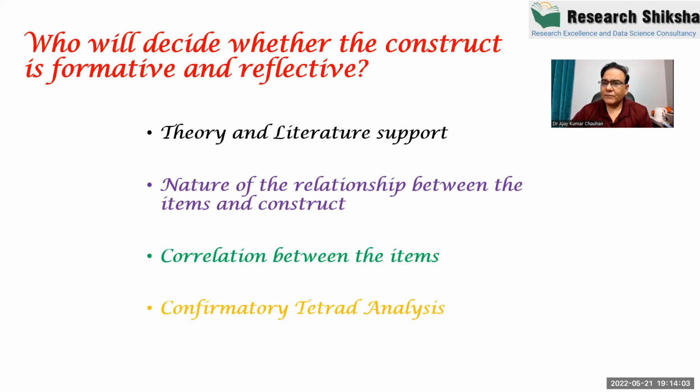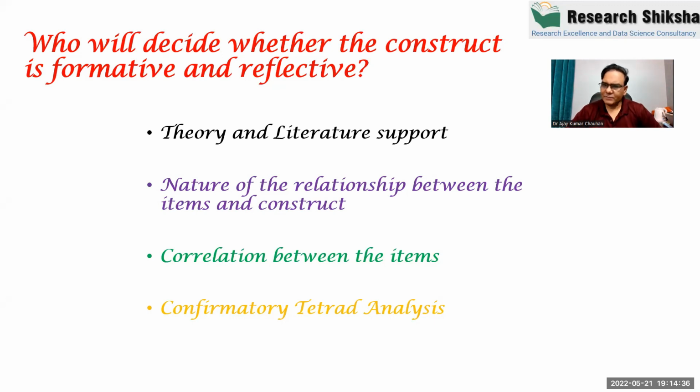And when the correlation between the items is low, then the software tells us that it is formative. So there are only two things which tell you whether the construct is formative or reflective: the theory and the test. We don't have any other method of examining this. First is the theory and second is the test. The name of the test is confirmatory tetrad analysis.